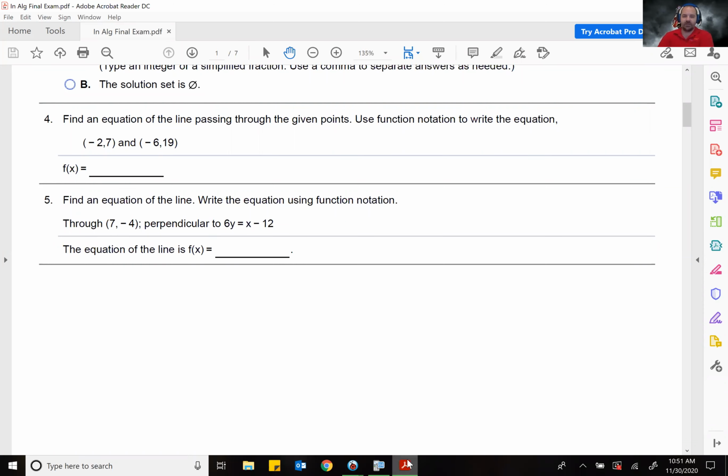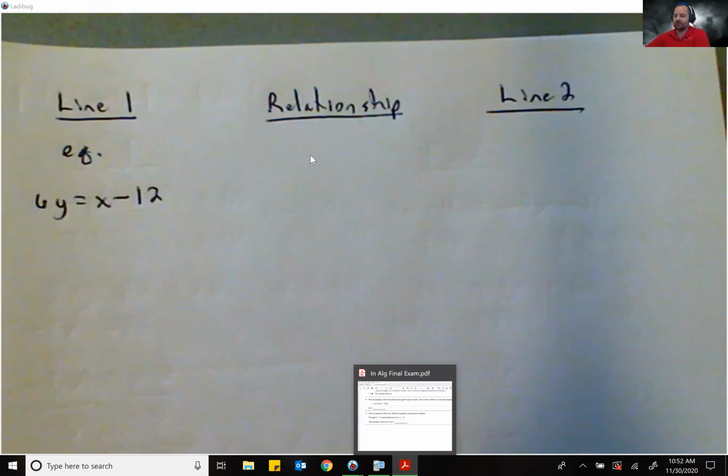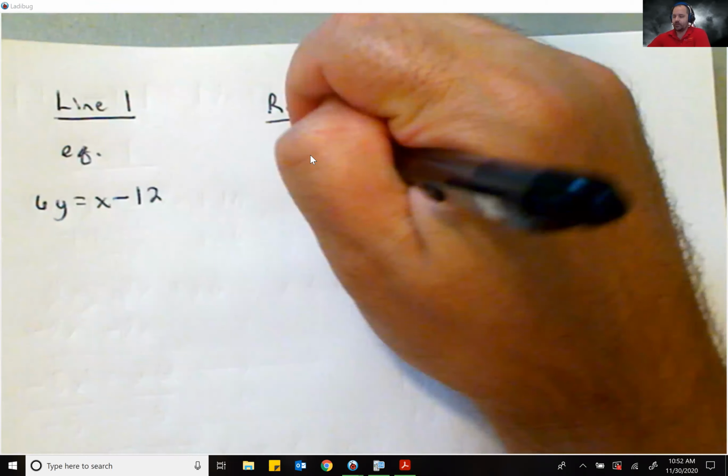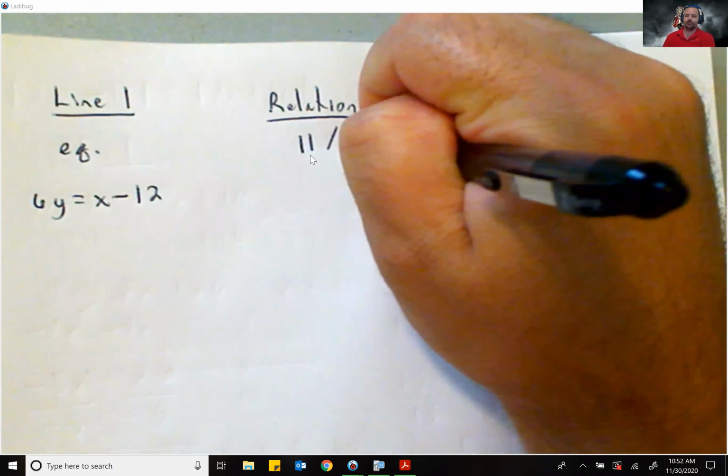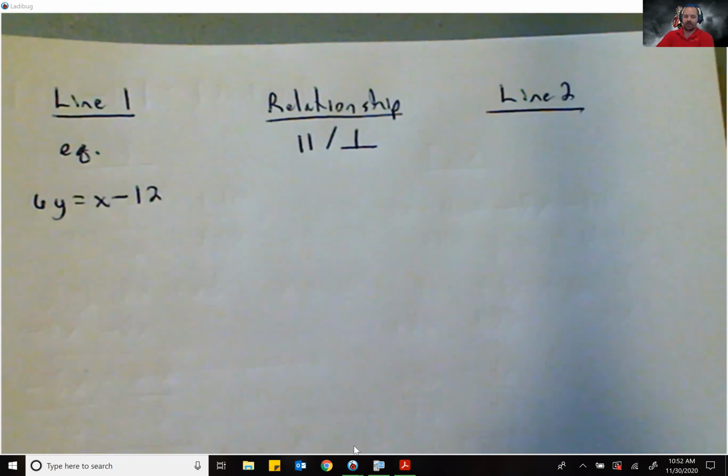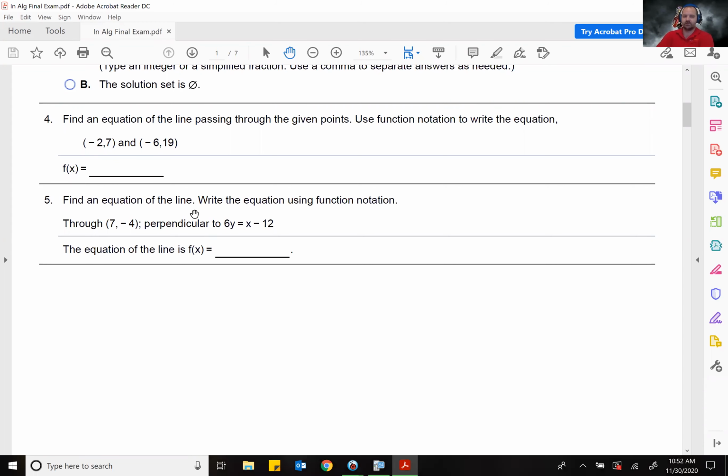The relationship is either that it's parallel or it's perpendicular. Our relationship then is perpendicular.